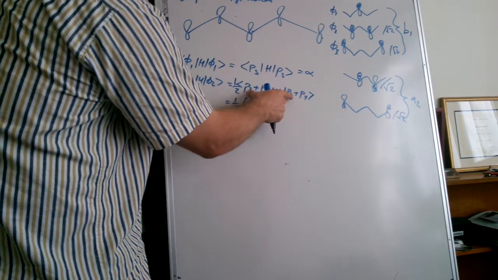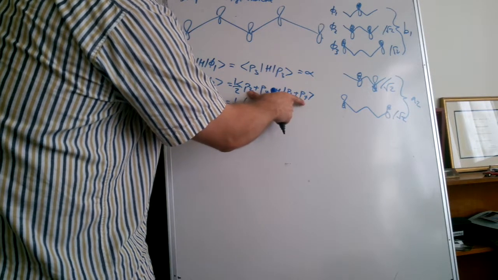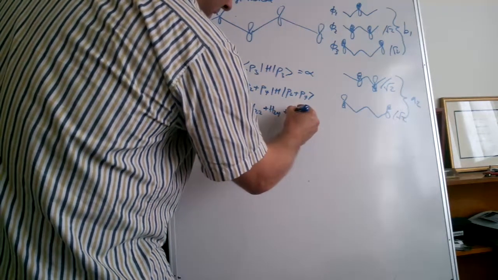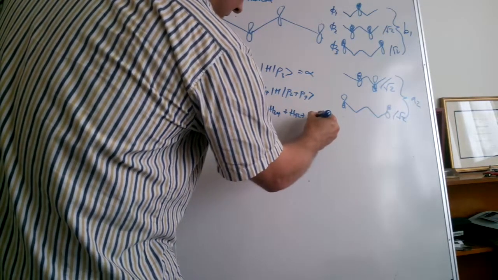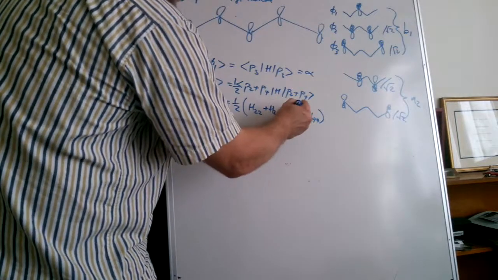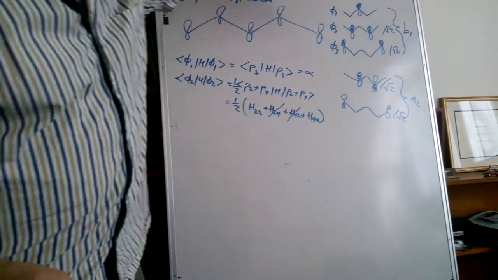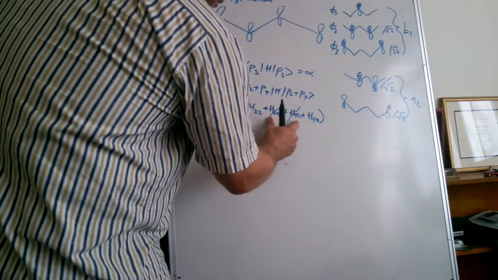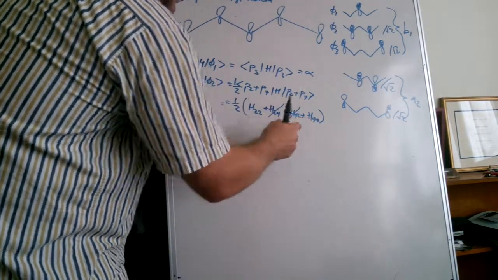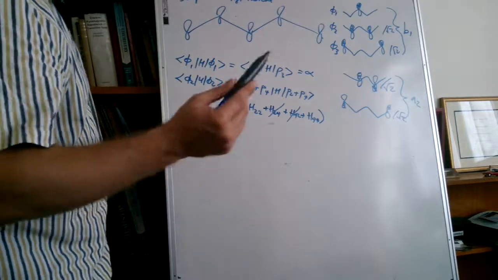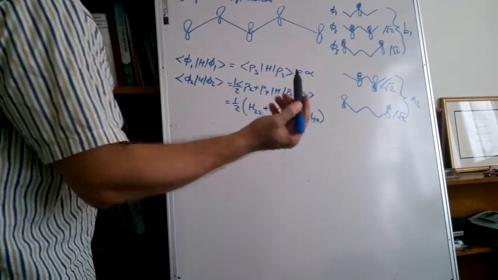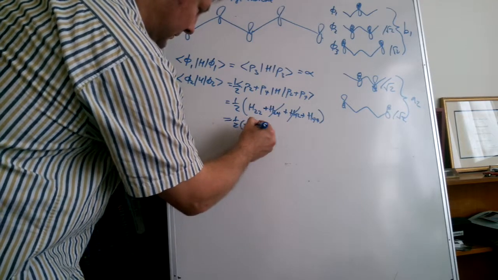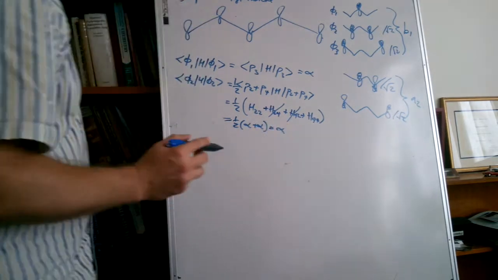We've got H22, H24 plus H42 plus H44. Now, these two I'm going to call 0 because these two orbitals are too far away to interact very much. So I'll call those 0, and then these two are energies of unhybridized p orbitals. So that's the Coulomb integral. And so it's a half of alpha plus alpha equals alpha.